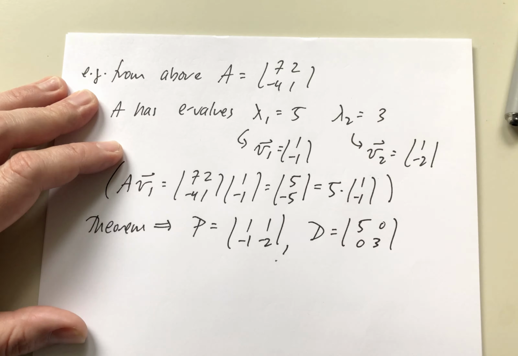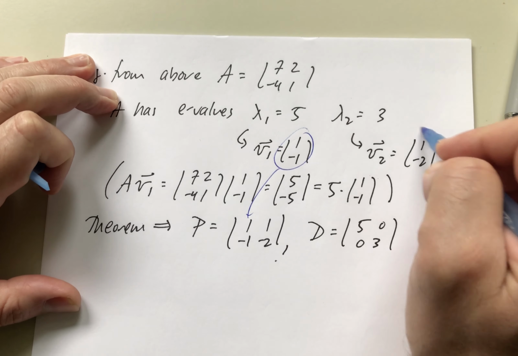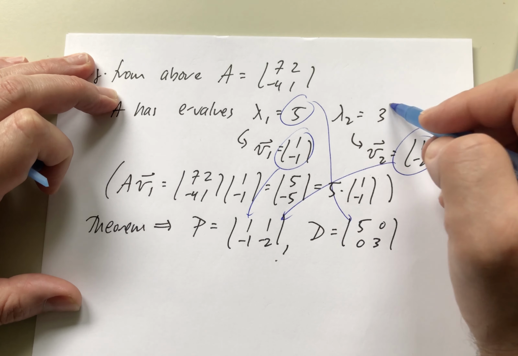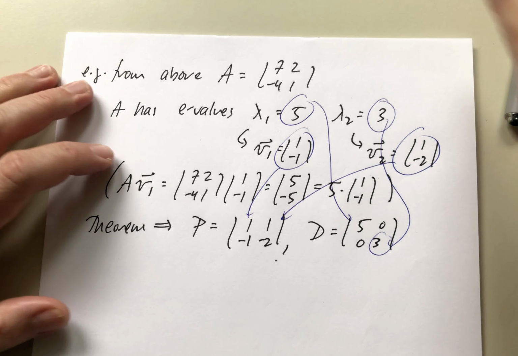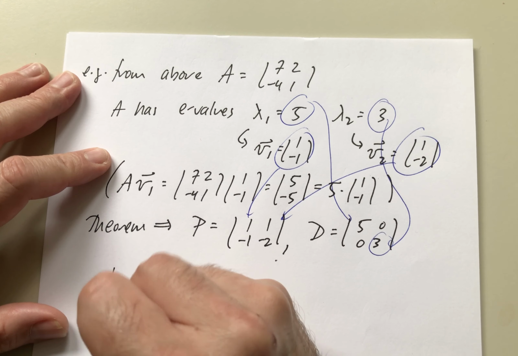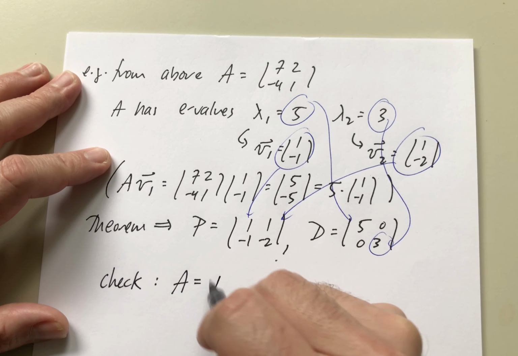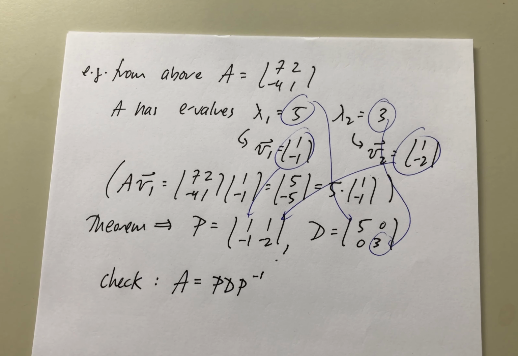The flow chart here is that the eigenvectors are put into the matrix P, and the eigenvalues are the entries of the diagonal matrix. In the end, you can check that A is actually equal to P D P inverse, which is what we basically started our discussion with. And that's how you get the P and the D matrix that makes this similar to a diagonal matrix.